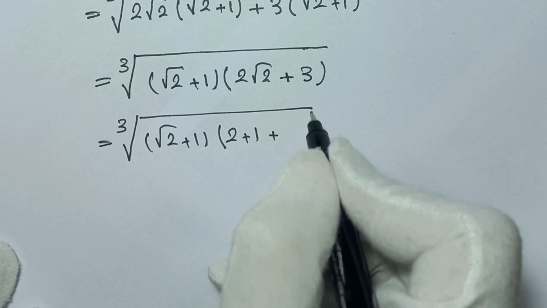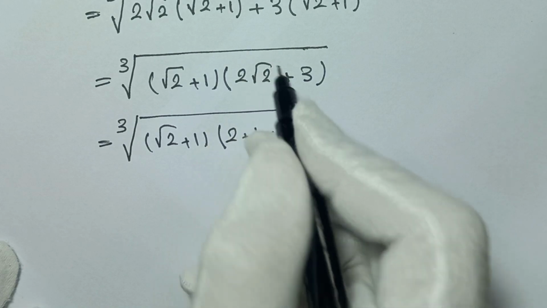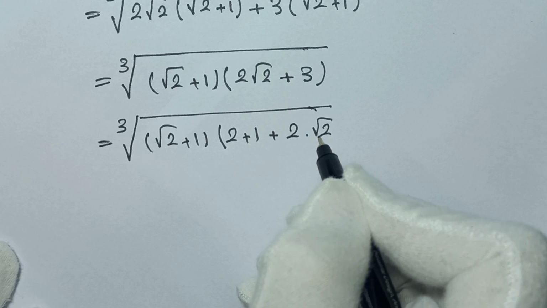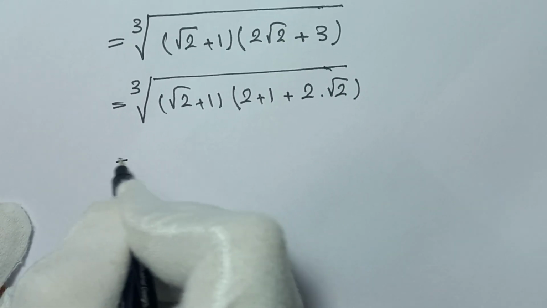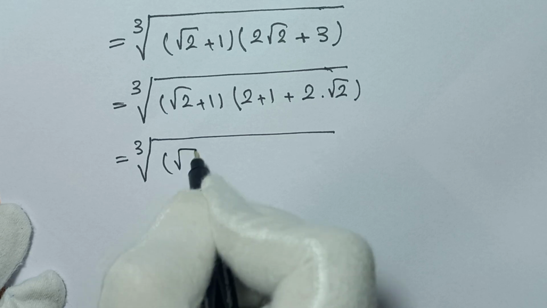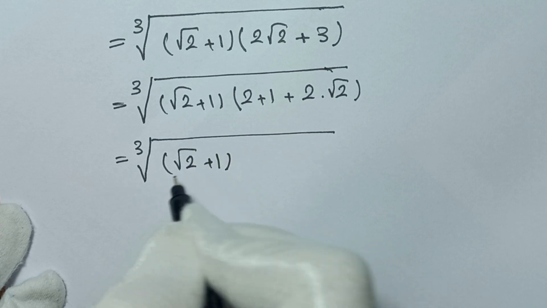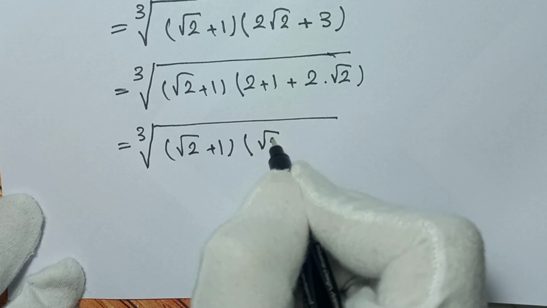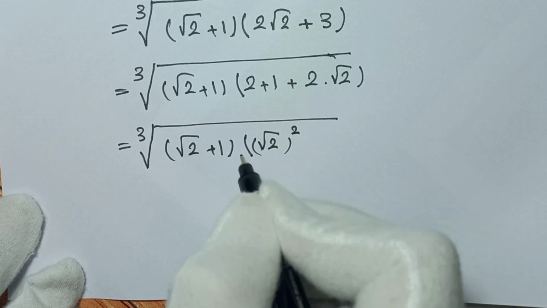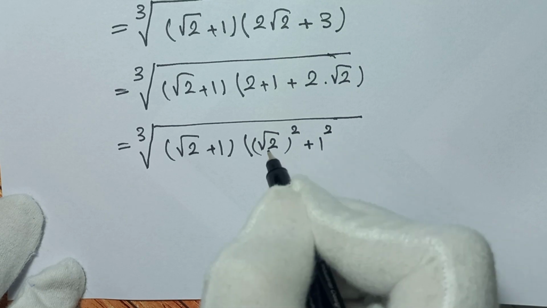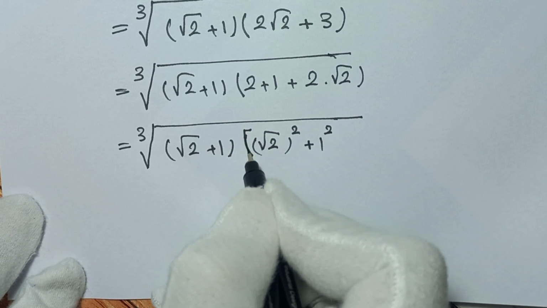And plus 2 square root of 2, we can write this as 2 times square root of 2, and it will be cube root of square root of 2 plus 1 and times 2. We can write 2 as square root of 2 to power of 2, right? And plus, we can write 1 as 1 to power of 2, right?